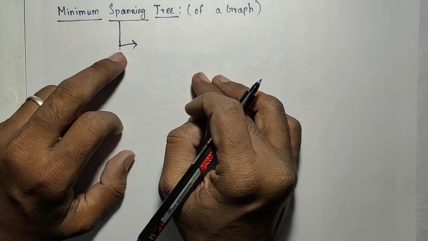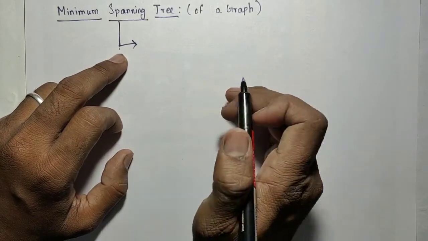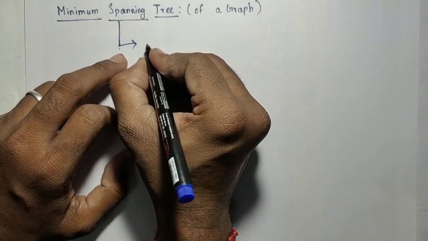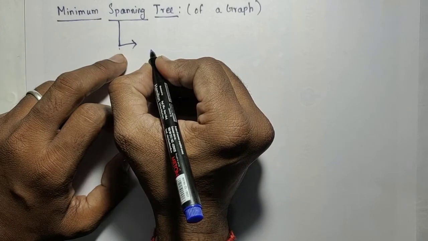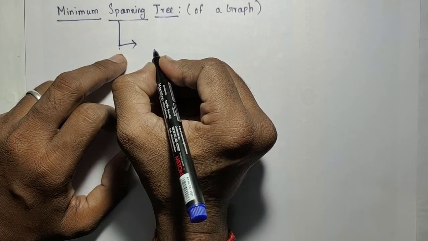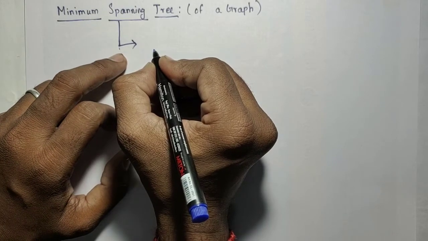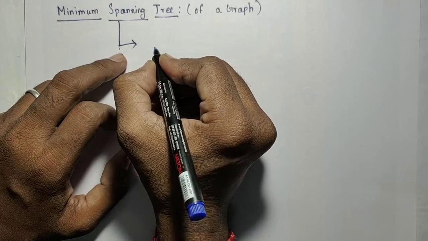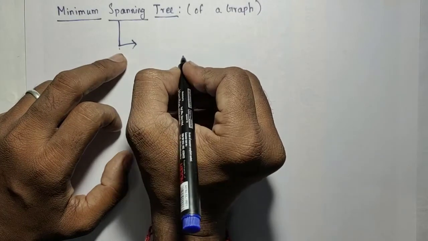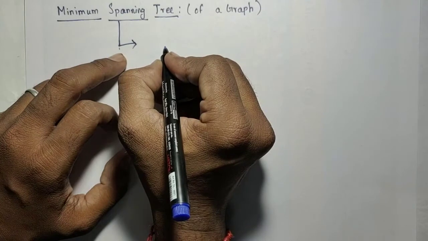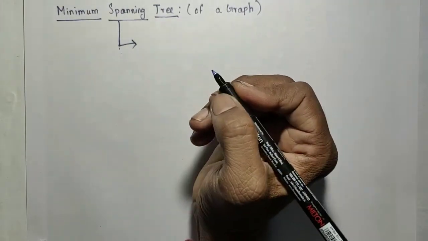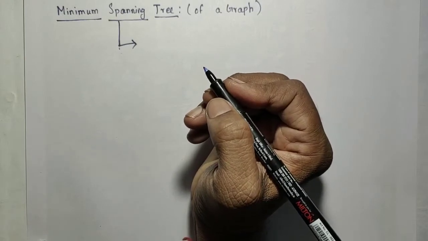The spanning tree is a tree which is constructed from a weighted undirected graph, and it is nothing but connecting all the vertices of a graph without any cycle. Okay, so in a tree, if you add a cycle, then it will become a graph actually.